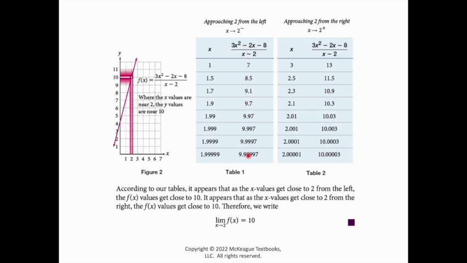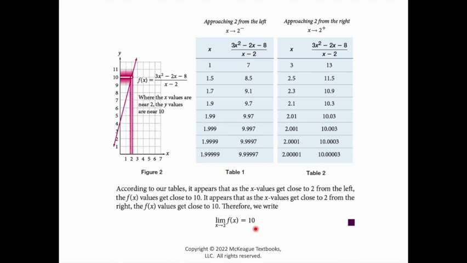So when we look at the table method, we can take a really good guess at what the limit is by noticing that both sides are getting closer and closer to 10. Here's the notation: the limit as x approaches 2 of this function is going to be 10.